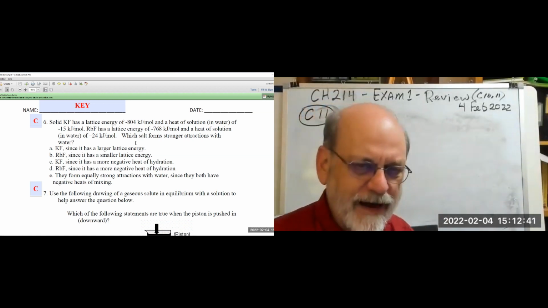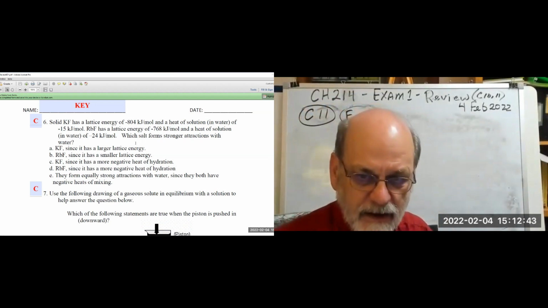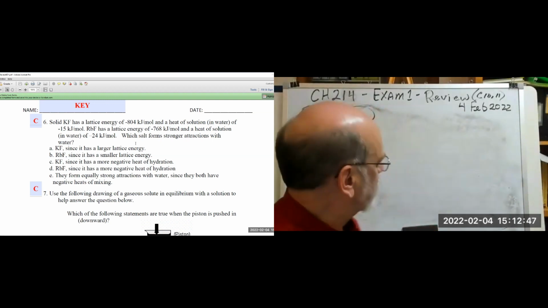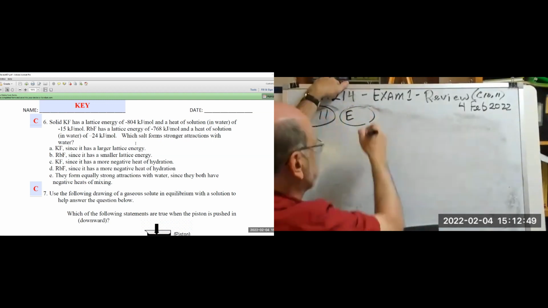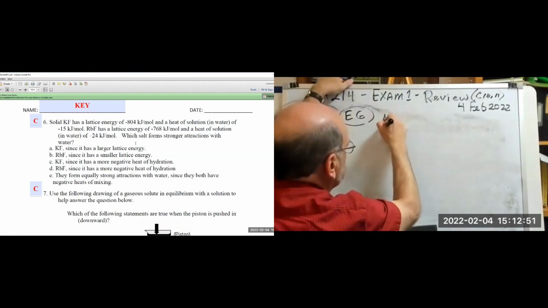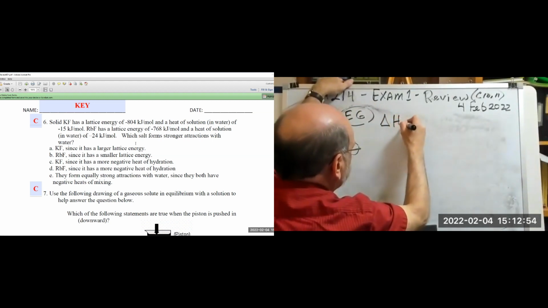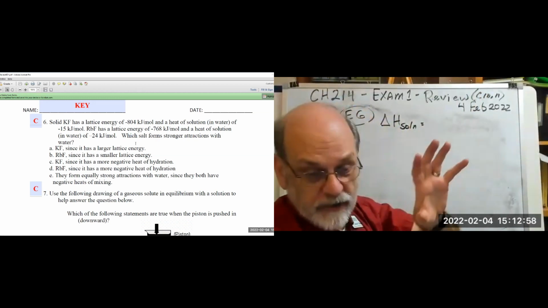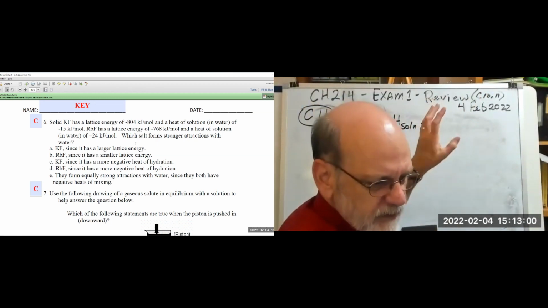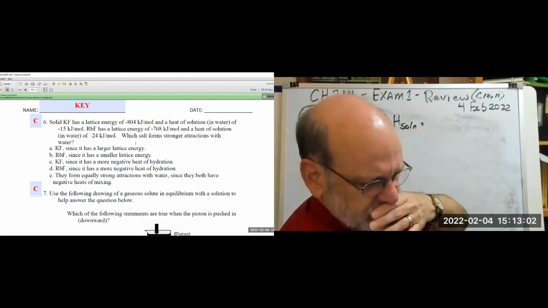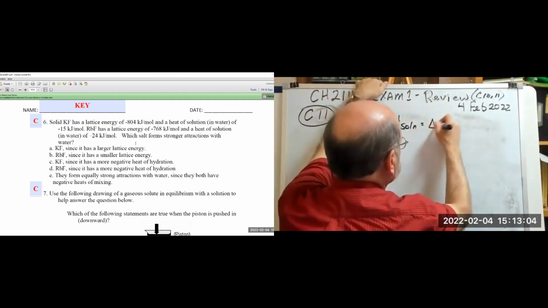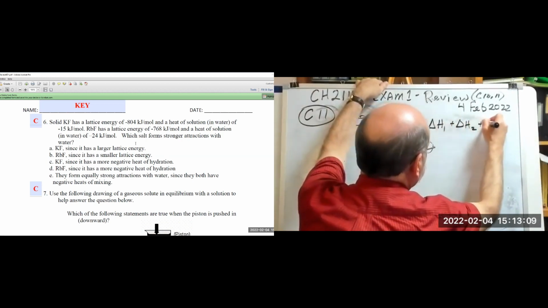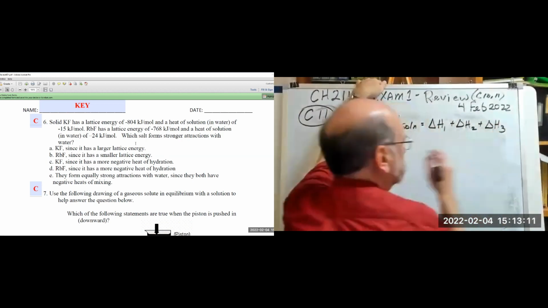So we really have to define what we mean by lattice energy and heat of solution. The heat of solution is divided into those 3 parts: delta H1, delta H2, and delta H3.